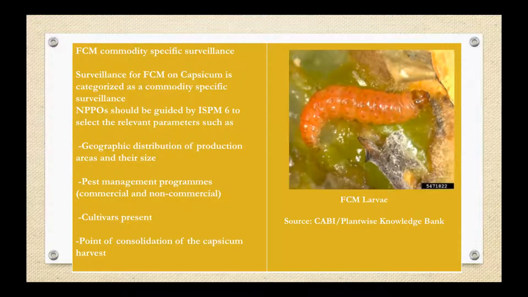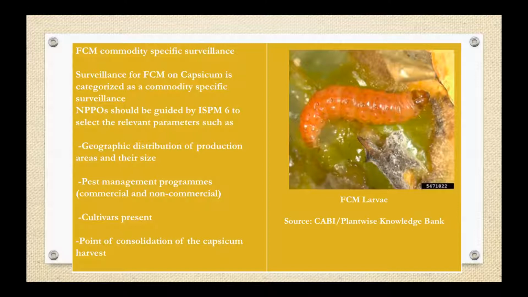And of course, knowing that capsicum is a host of preference, you should plan your surveillance in a manner that you give priority to areas with large-scale capsicum production, can be in the field, can be in confinement, because normally it's the large-scale production areas. Normally they are the ones that produce for export. So this gives you time actually to prioritize on which specific areas to go and do the surveillance in.